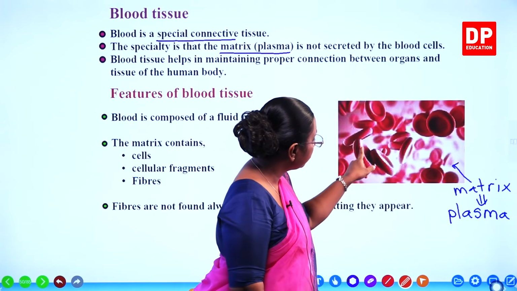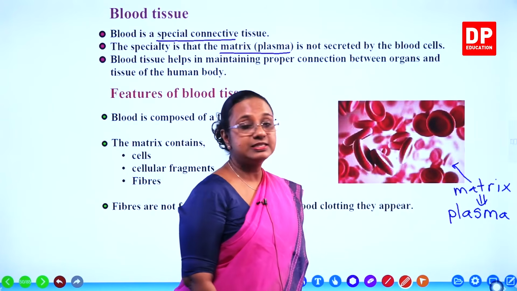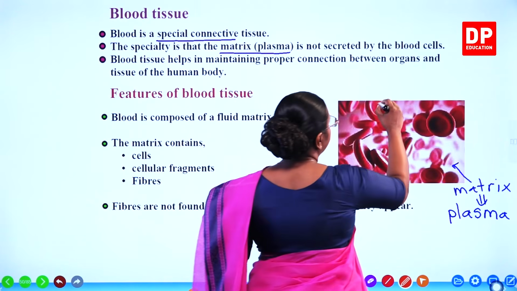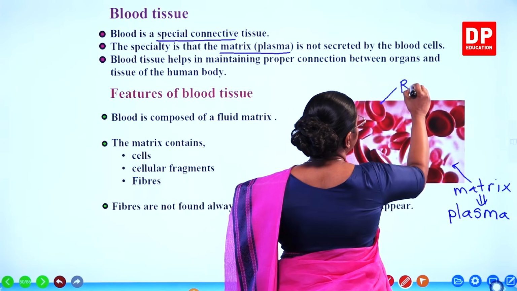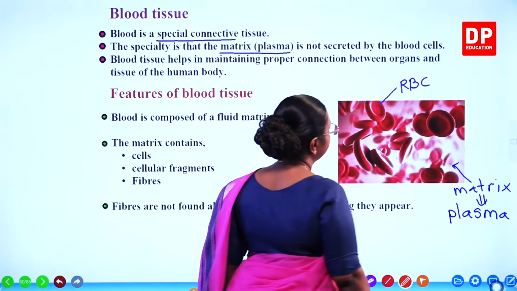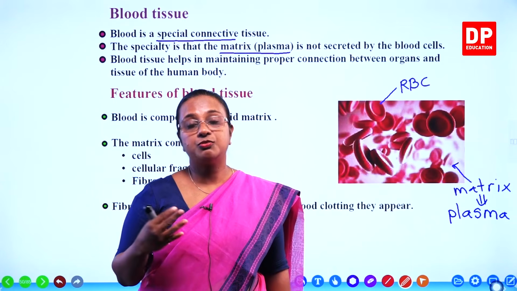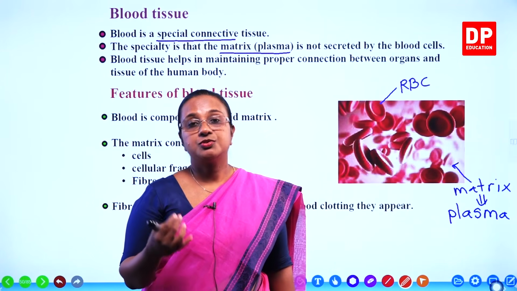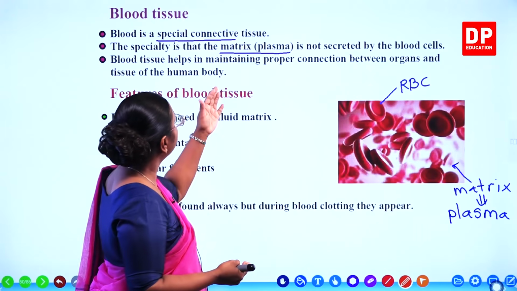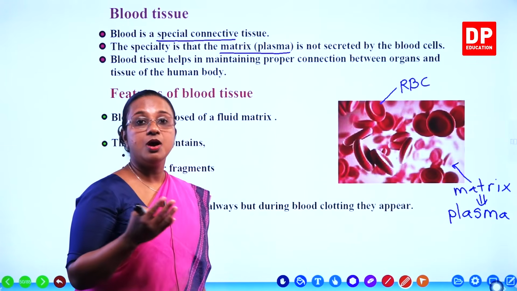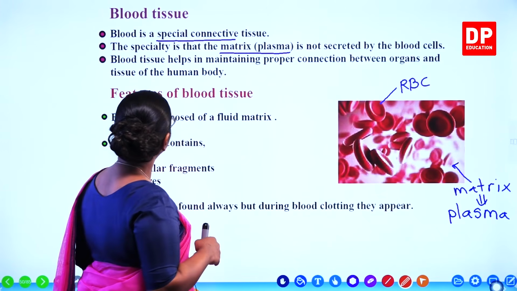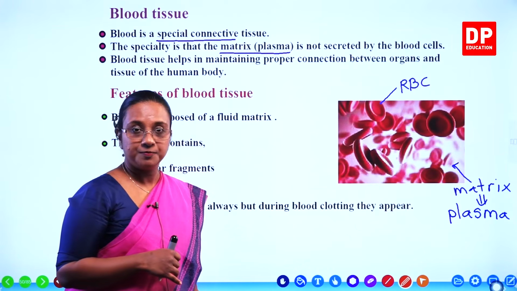Out of those, if you look at this cell, that is the RBC, you can identify the red blood cells, RBC. They transport oxygen throughout the body. So they provide proper connection between organs and tissues of the human body.